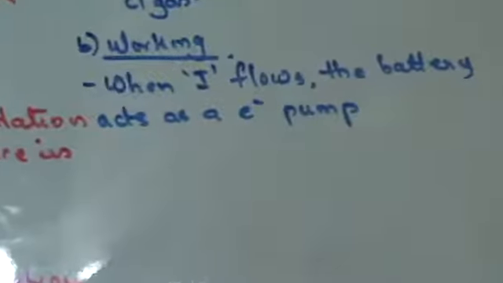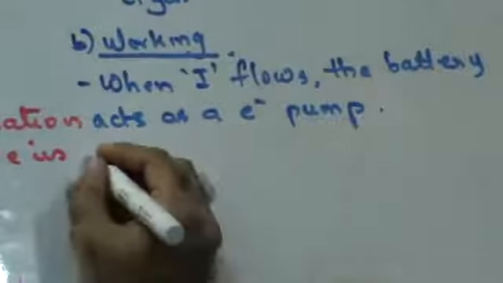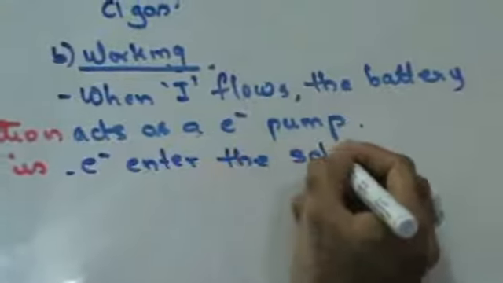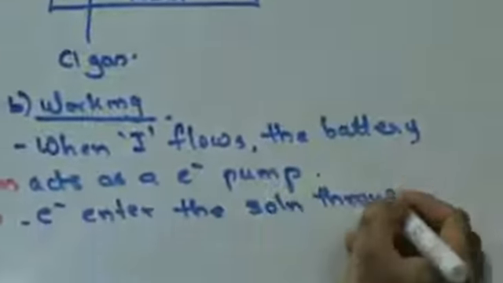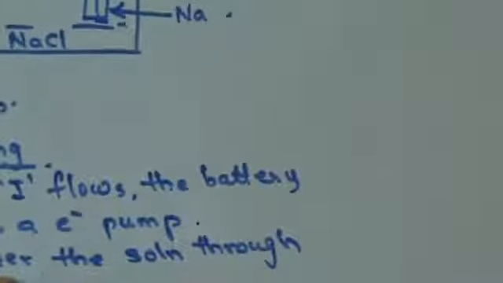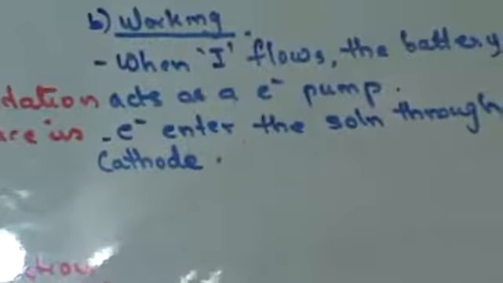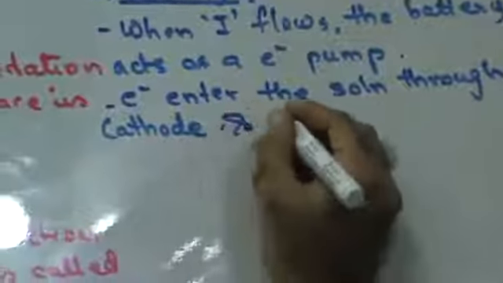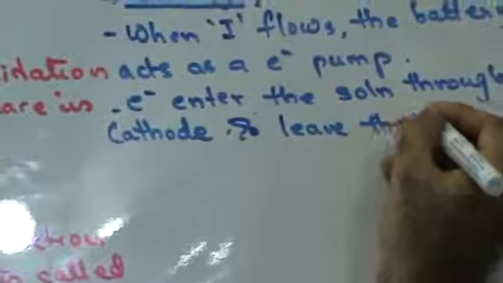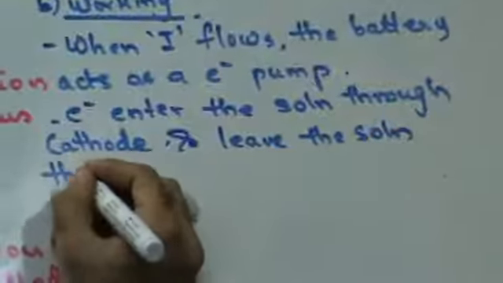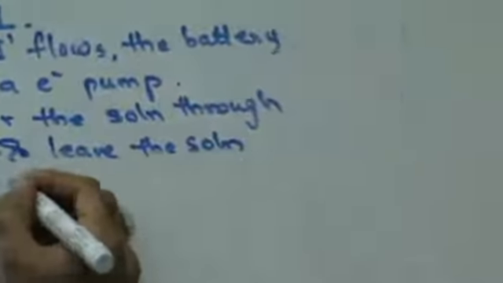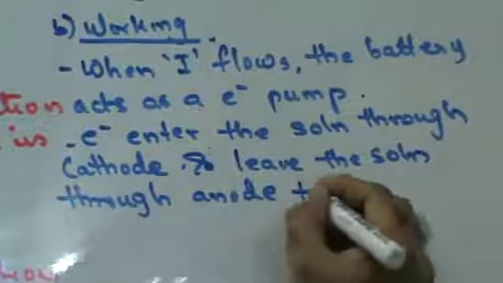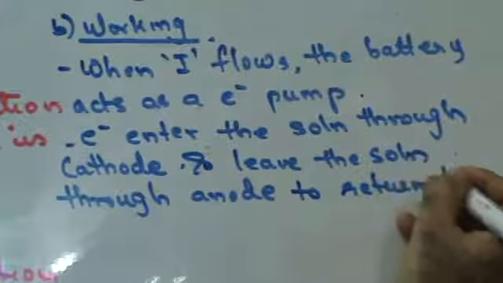The electrons enter the solution through cathode and leave the solution through anode to return to the battery.